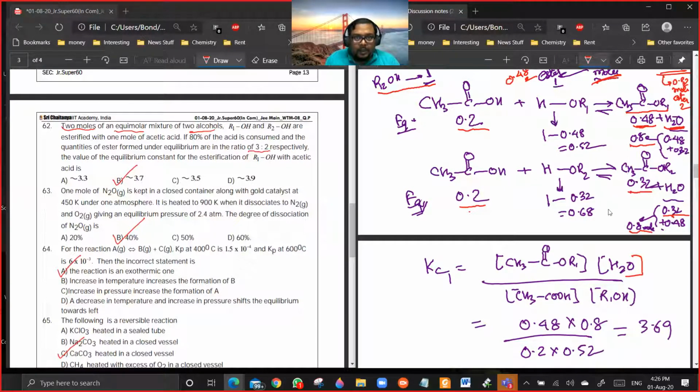These two are separate reactions, but they are occurring simultaneously. Are you getting my point? So total moles will be the sum of water from here and water from here. Getting my point? Yes, no. So that is the case.